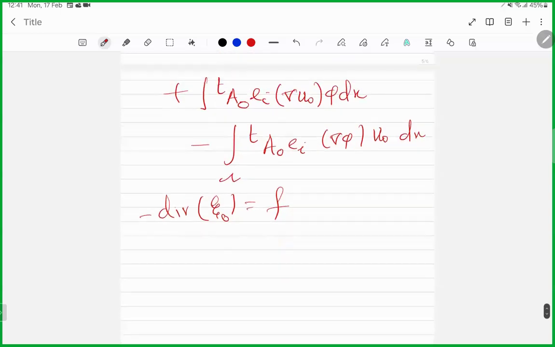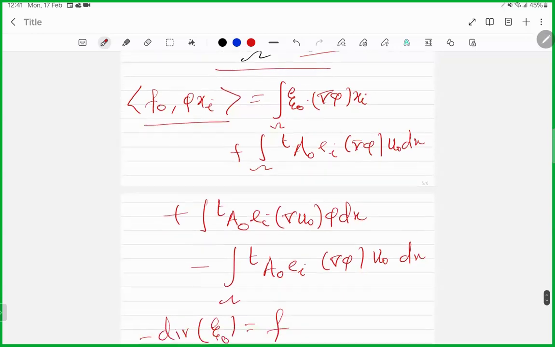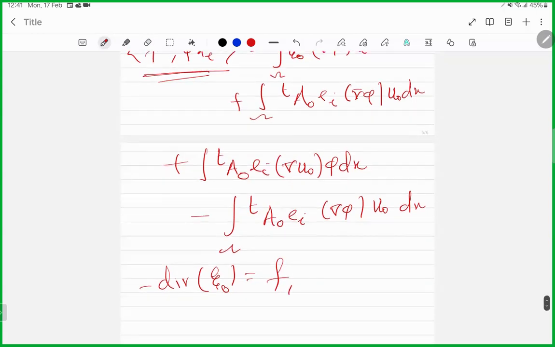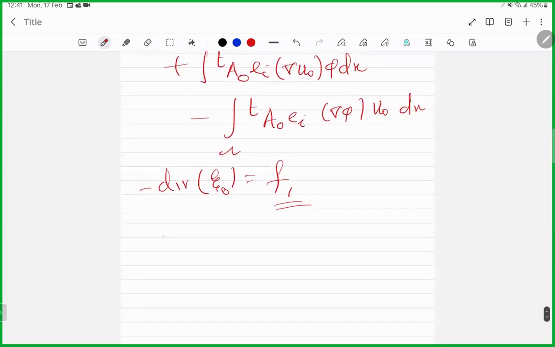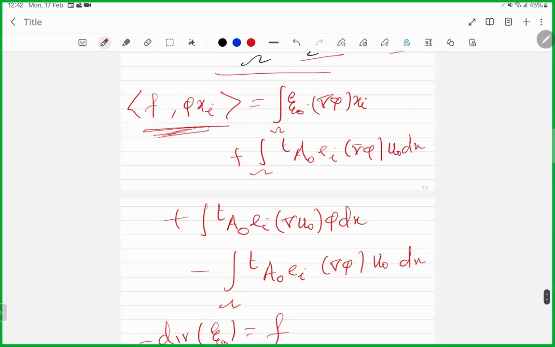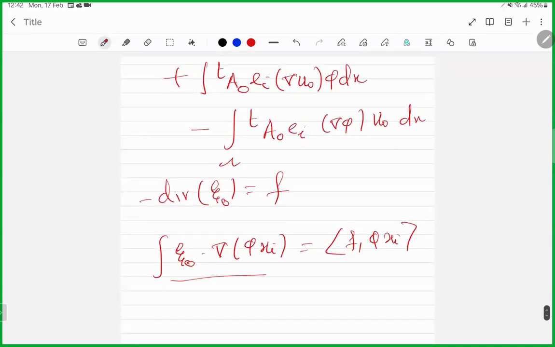Sorry, this is not f0, I'm using just f. So you get f xi, so this term comes from this side here. And you will have on the left hand side the integral of xi grad phi xi, and f phi xi. So the left hand side here can be replaced with this term.